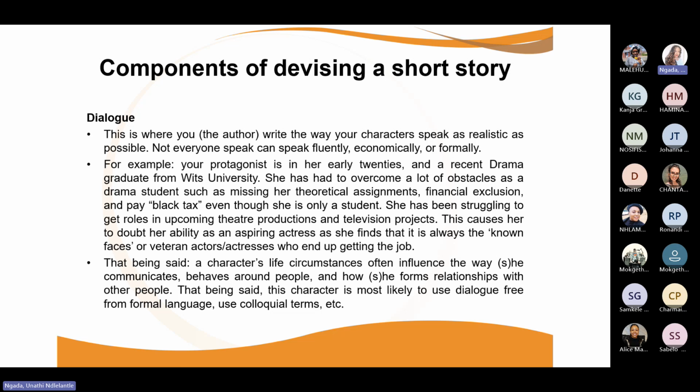So if you're going to be writing your short story from a third person's point of view, this is where you would have to omit personal pronouns such as I, me, and write from a bird's eye point of view.